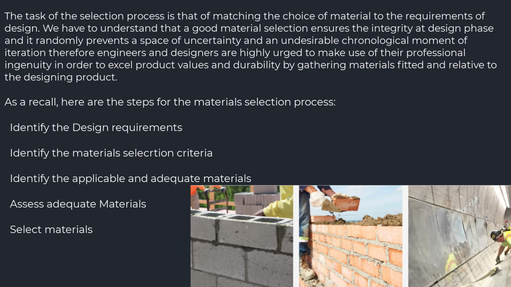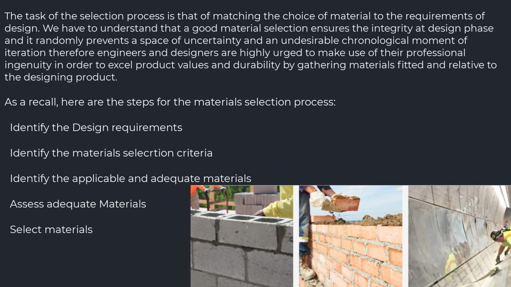And there are a few steps for the material selection process. First of all, you have to identify the design requirements. What does your design need, how is your design, how are you bringing your product to pass, which element are you going to use, what is the shape, the orientation, and all those things we previously enumerated.